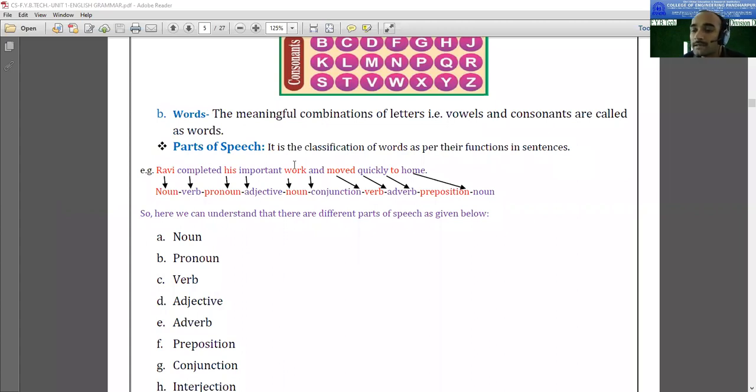We may compare it with our body. Our body is made up of different parts. Our body has limbs, hands, legs, eyes, nose, ears, then fingers.